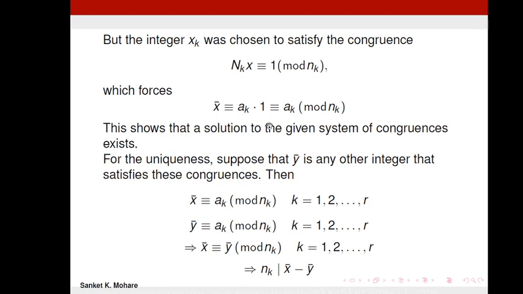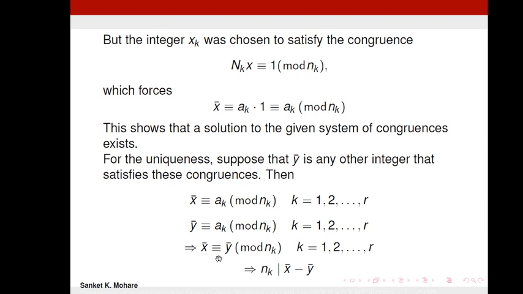So here we proved a simultaneous solution exists. Now we are proving whatever solution exists is unique. For that we assume y bar is any other solution, means y bar is any other integer that satisfies these congruences. So therefore x bar is congruent to a_k mod n_k, y bar is congruent to a_k mod n_k.